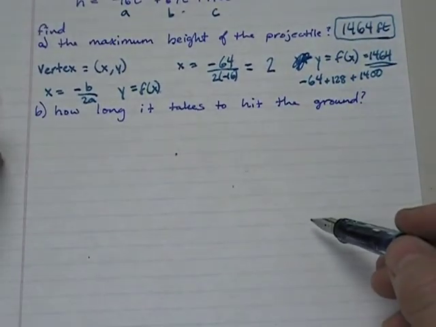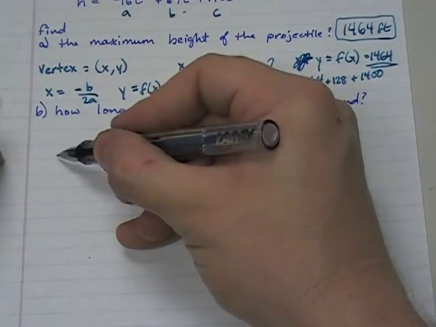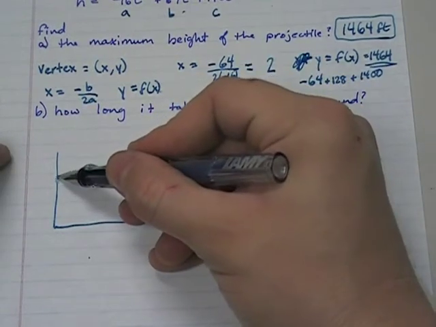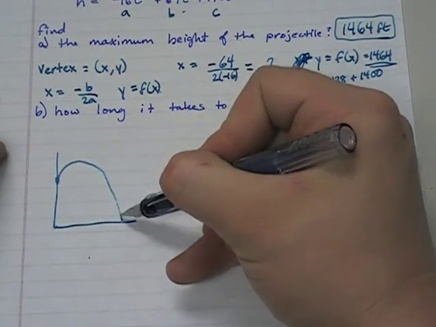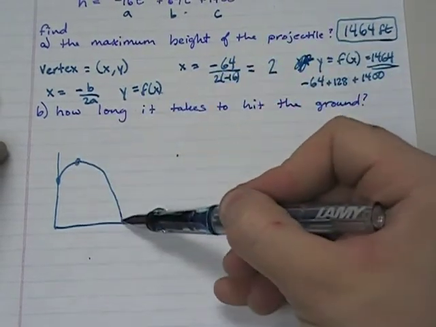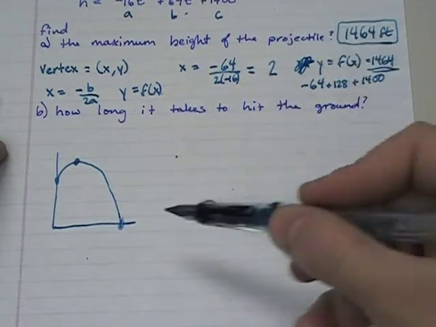How long does it take to hit the ground? Well, again, looking at a downward parabola, if you were to graph this, it's going to look something like this. Your vertex will be here. And where does it hit the ground? It hits the ground somewhere over here. This is the point we're looking for.